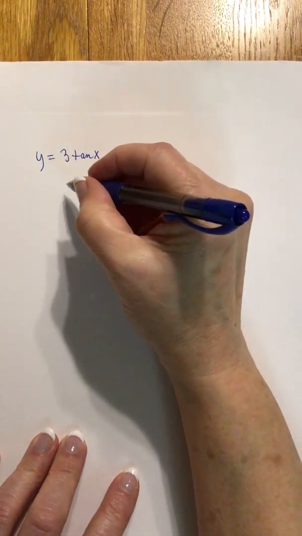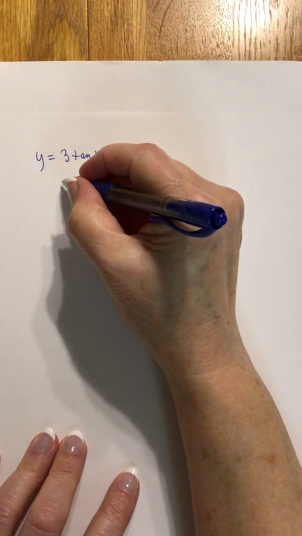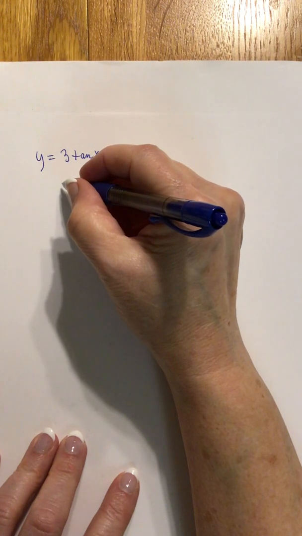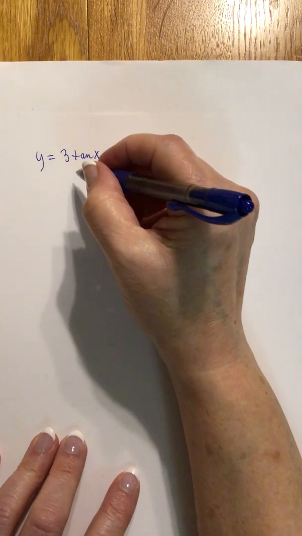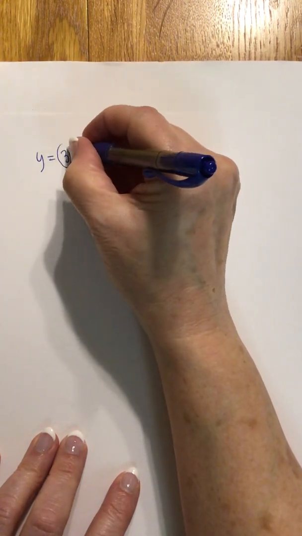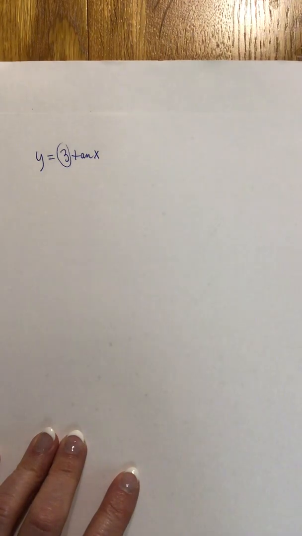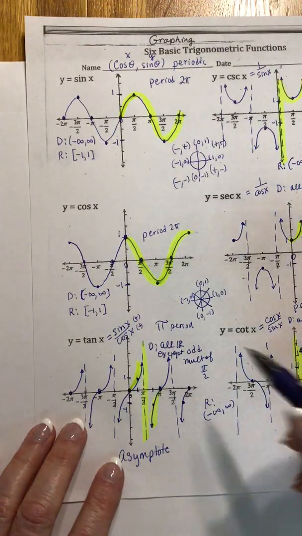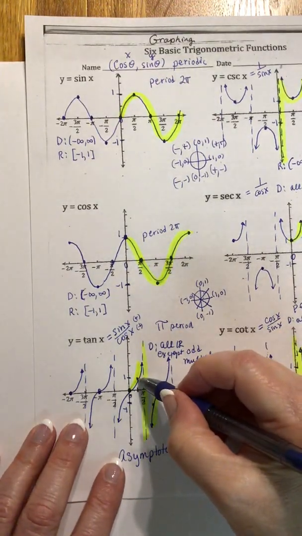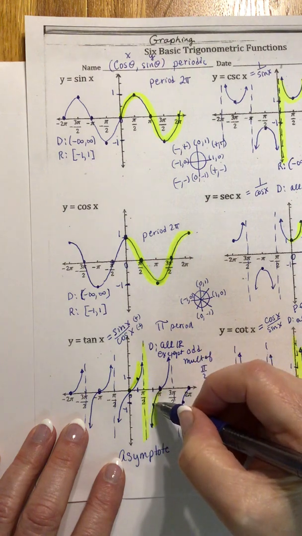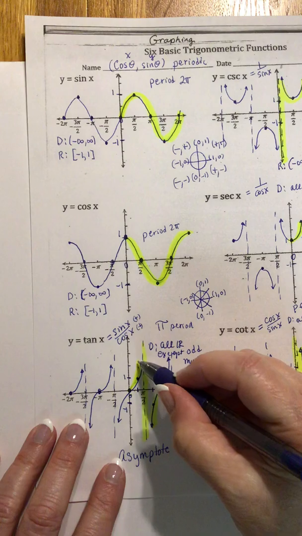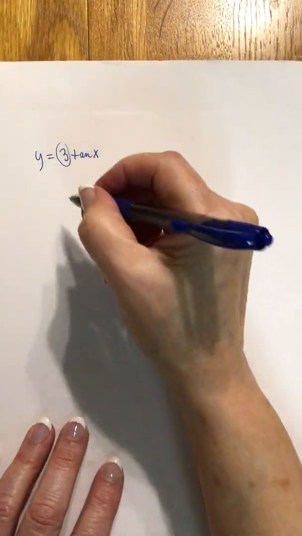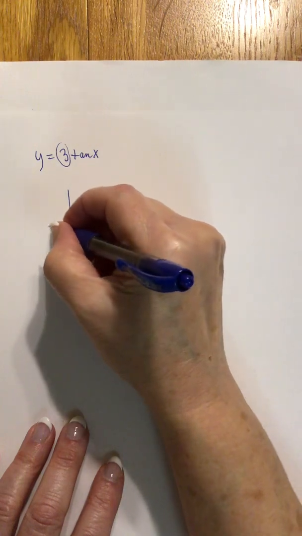When we graph the tangent, we said we were going to graph one complete period as up, asymptote, down from 0 to pi. So this A affects how fast the pitch does. So this one right here, we went up to 1 and down to -1. So if I stick that 3 in there, it's going to cause this dot to go up to 3. So my picture is going to look something like this.